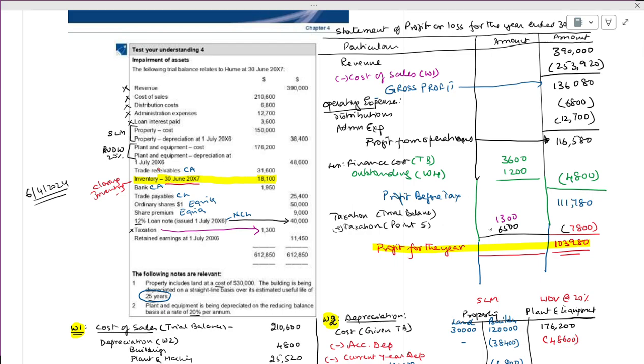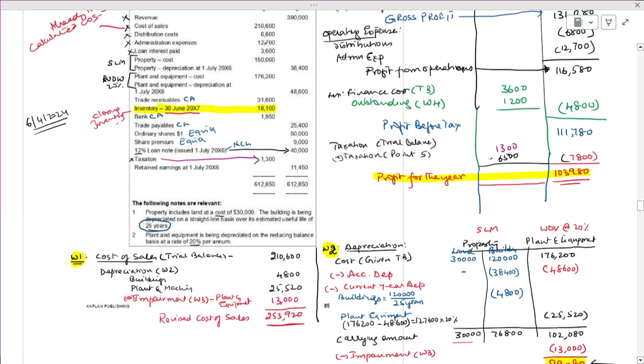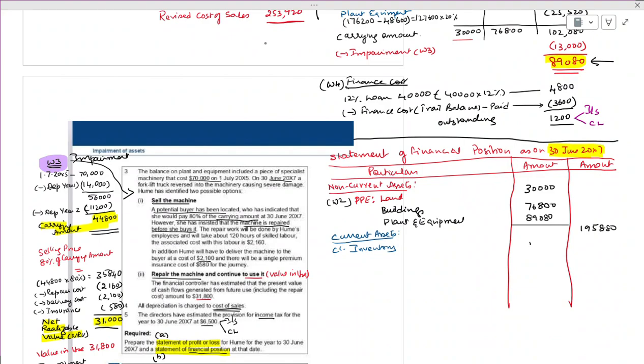Simple things we have to be very clear about, because they have already calculated the cost of sales. Calculated cost of sales means closing inventory is part of that. This is the closing inventory. How much is there? 18,100. Is it clear to everyone?